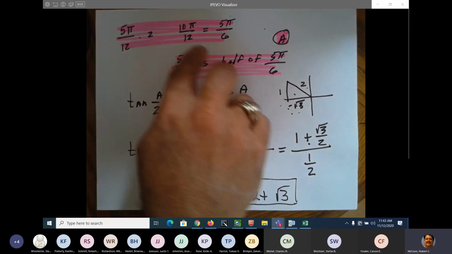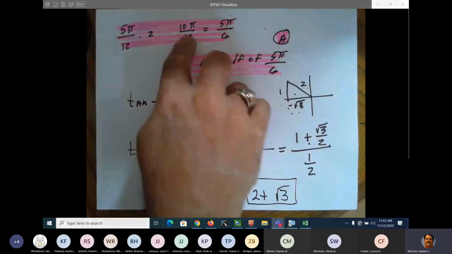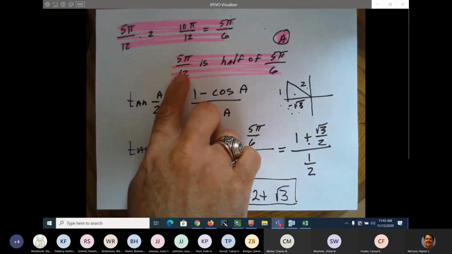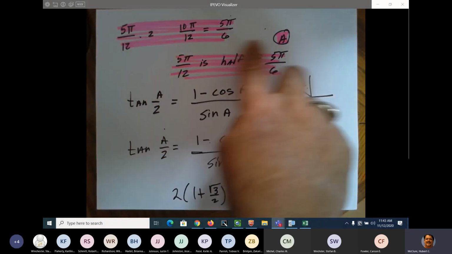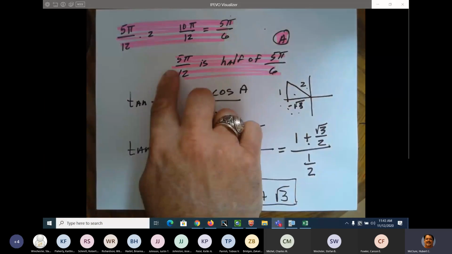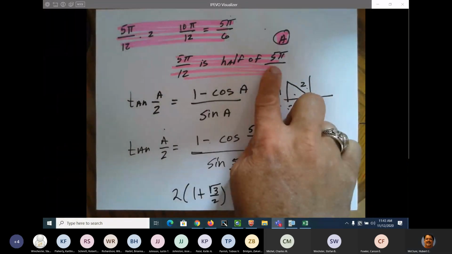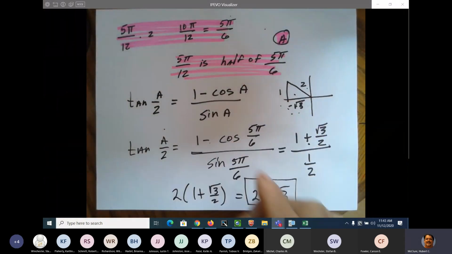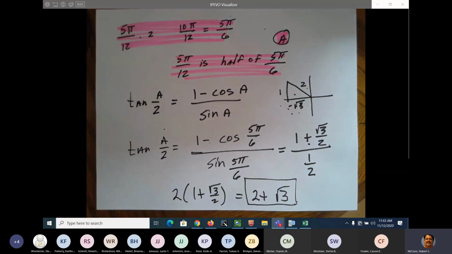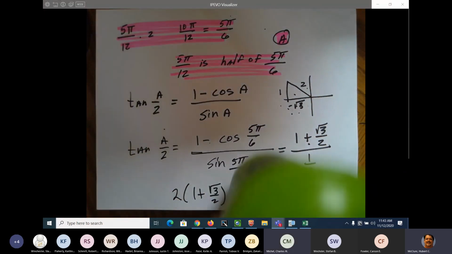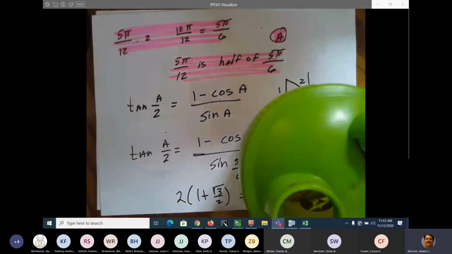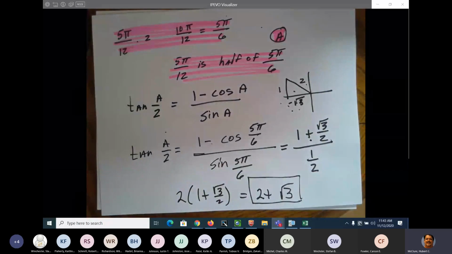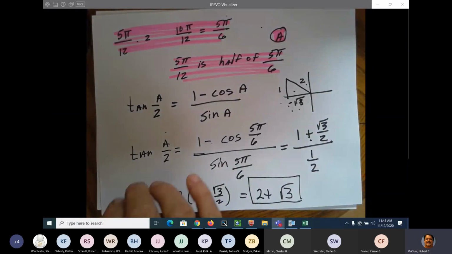Those three things right there, because this is A over 2. If that's A over 2, then this is A. And then once you do this sentence right here, you just plug in what? Plug and chug. Okay? Does that help you out?